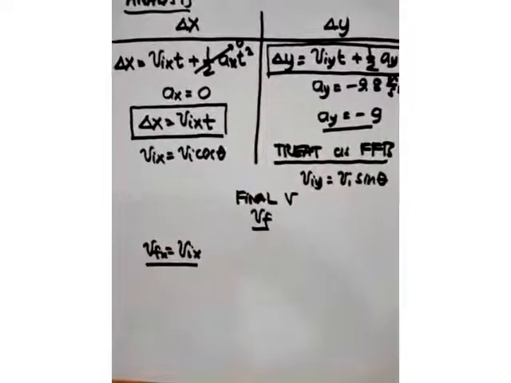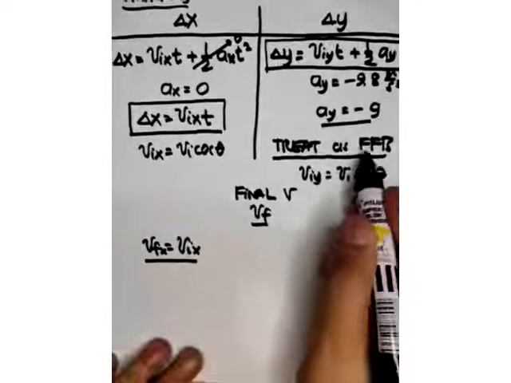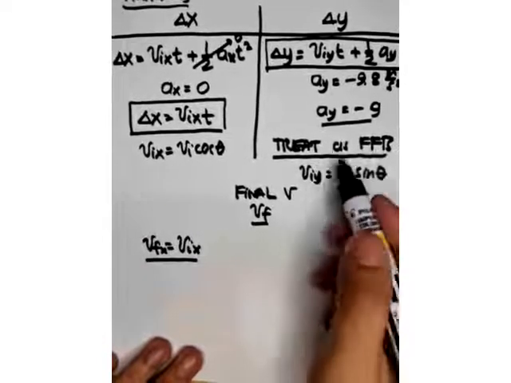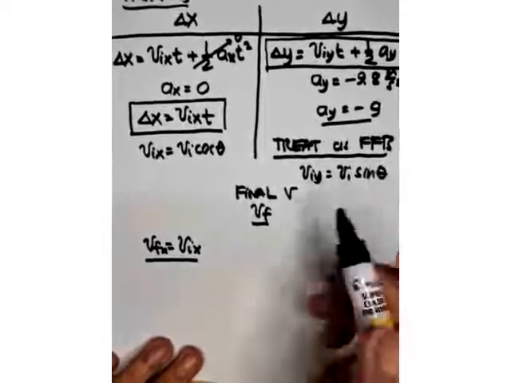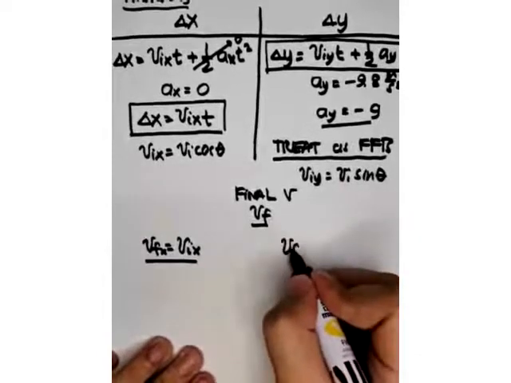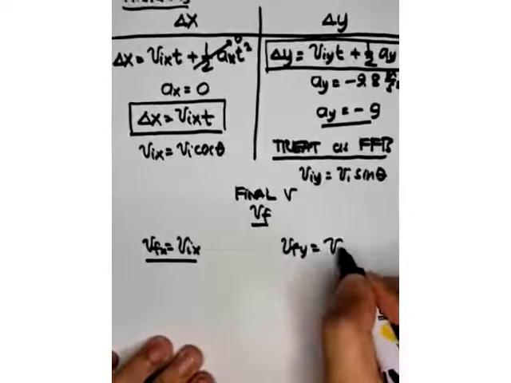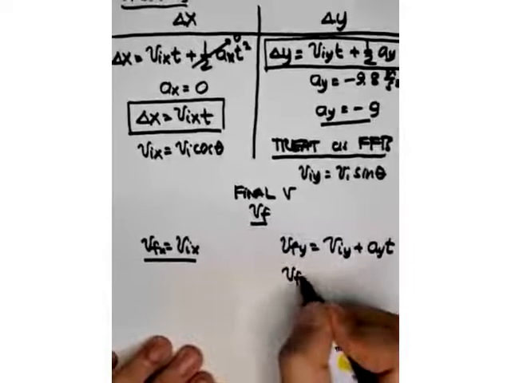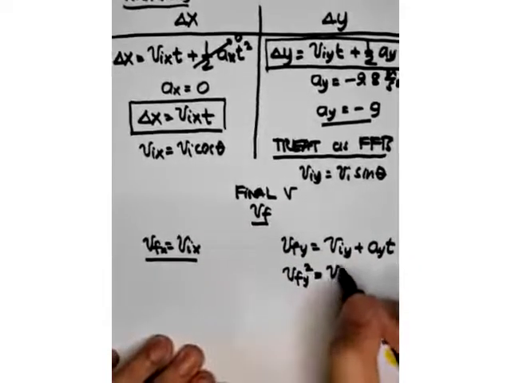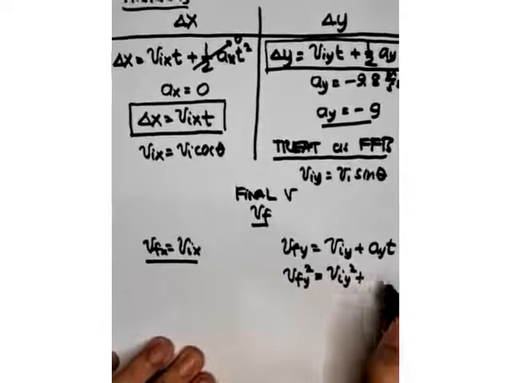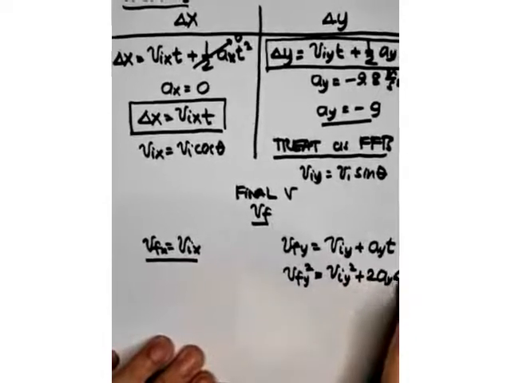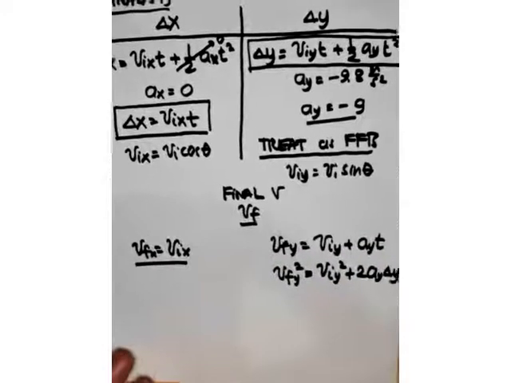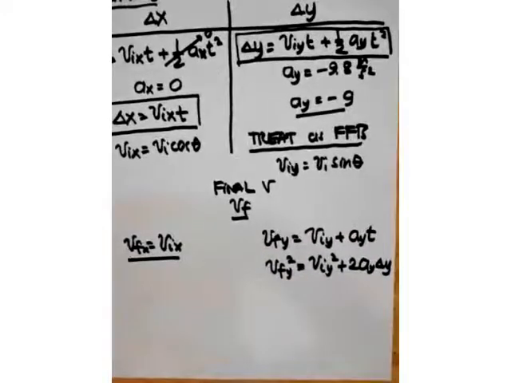Nag-accelerate lang siya along y. And since tinitreat natin na FFB, yung delta y or a freely falling body, gagamitin lang natin yung remaining formula. V final y squared is equal to V initial y squared plus 2ay delta y. Kasi tinitreat lang natin siya as a freely falling object.